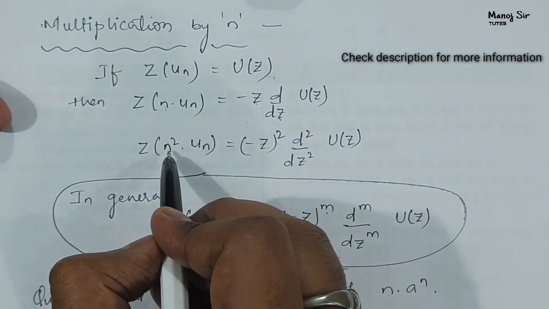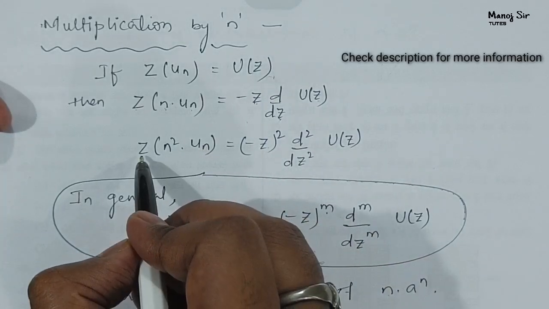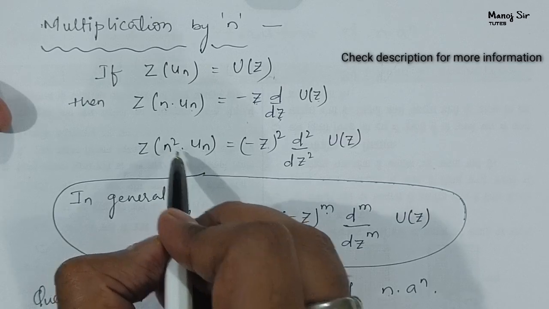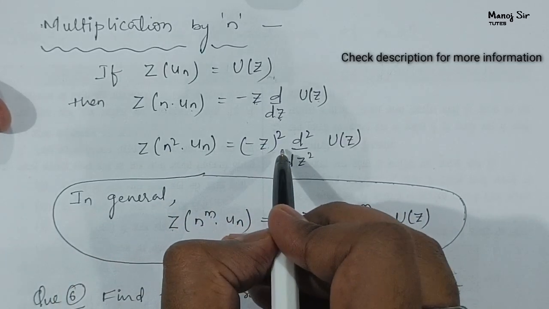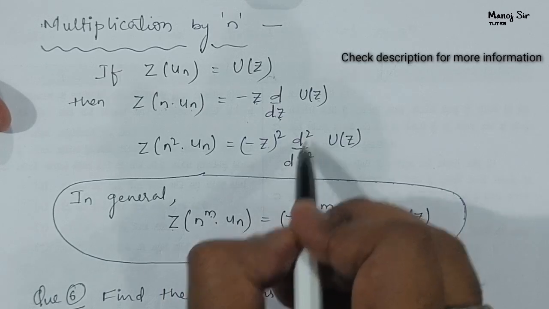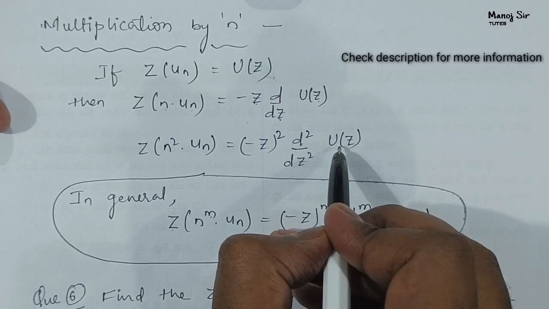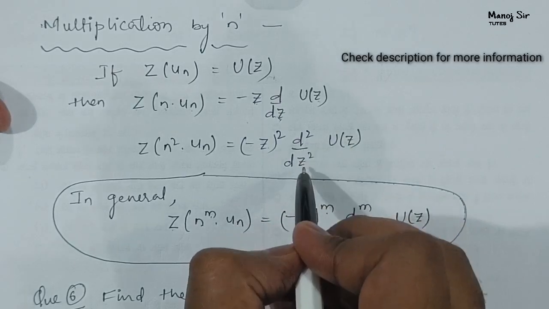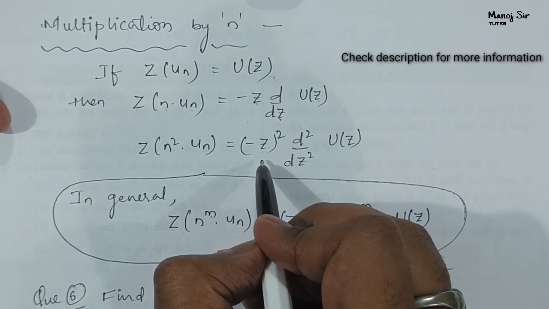Again, if n square is multiplied with u(n), then Z transform of n square into u(n) is equal to square of minus z into the double differentiation of U(z). That means we differentiate U(z) twice with respect to z, then multiply by the square of minus z.